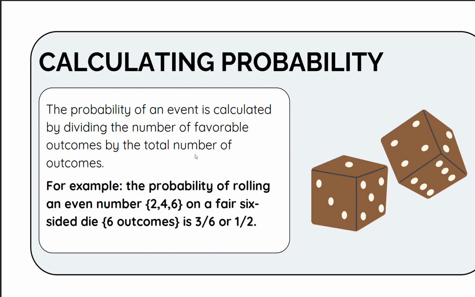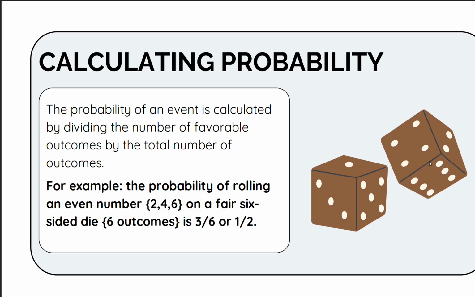For example, the probability of rolling an even number, that is 2, 4, 6, on a fair six-sided die that contains six outcomes is 3 by 6 or 1 by 2, because we only have three favorable answers.